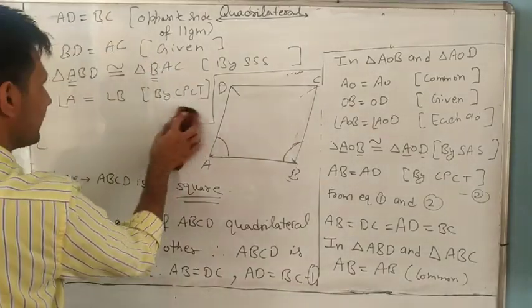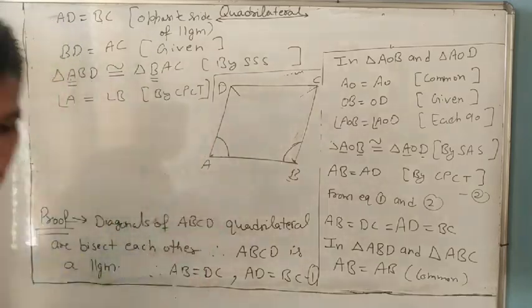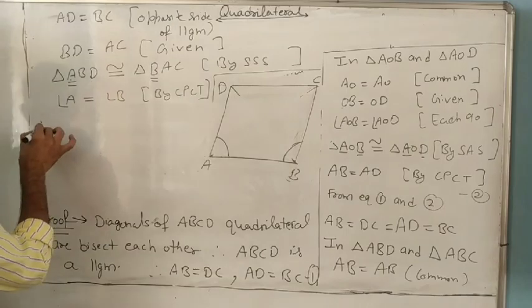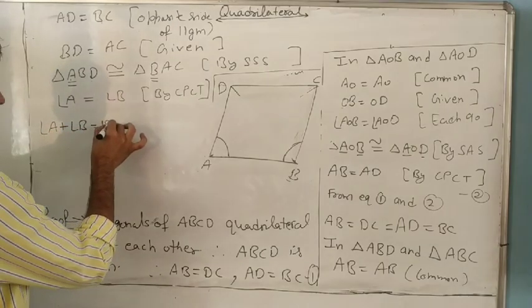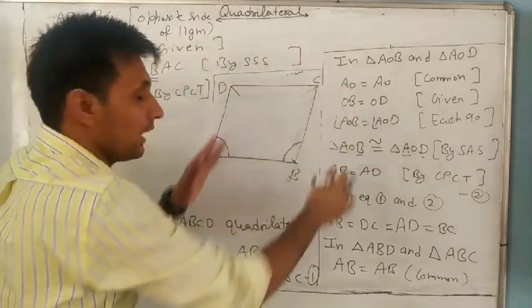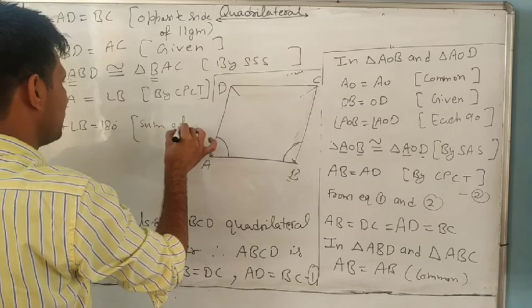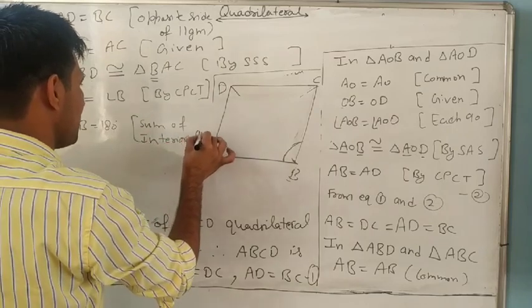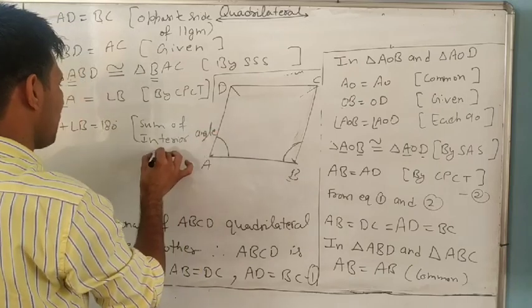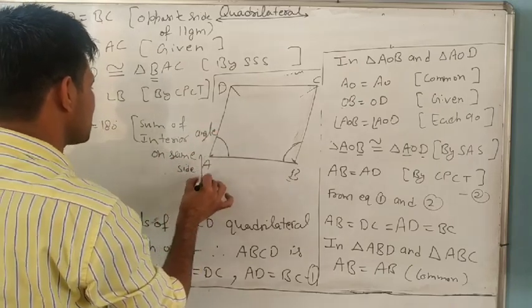So these are already given in the question. Prove that it is a square. So now we write, angle A plus angle B equals 180. Why? Sum of interior angles on the same side.